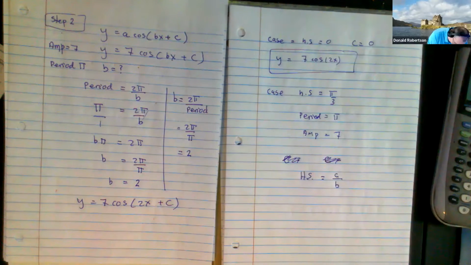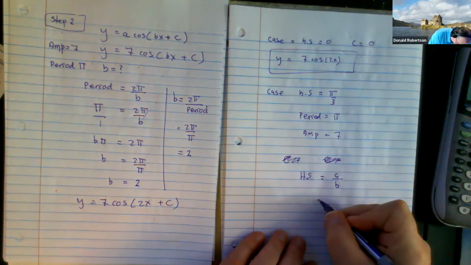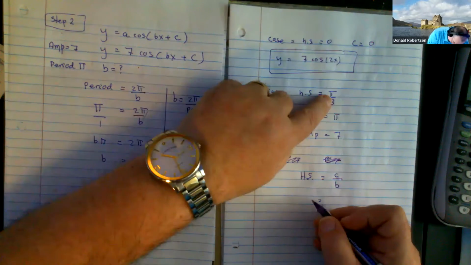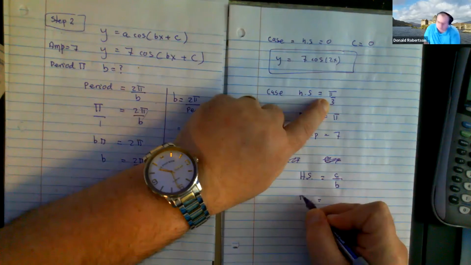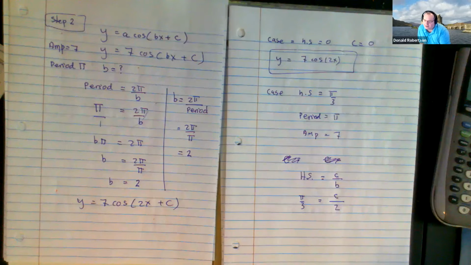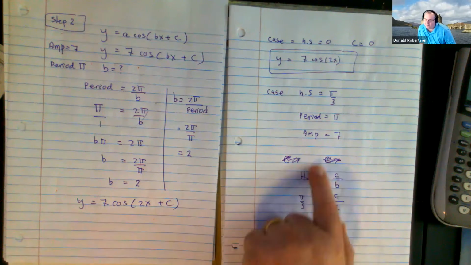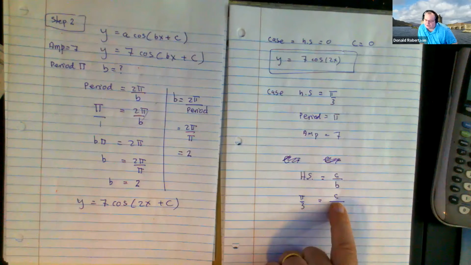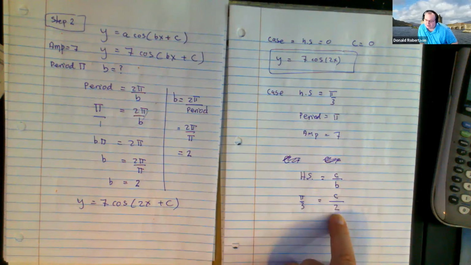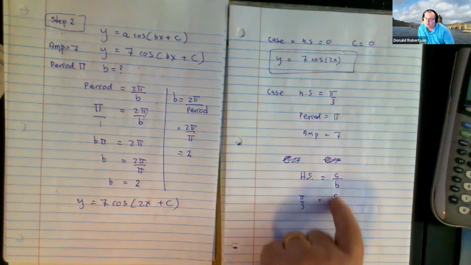Now, in this question here, the horizontal shift is known. It's pi upon 3. And B we just found. Horizontal shift, we already know it. C, we don't know because we want to find it. And isn't B 2, because we found B a minute ago?